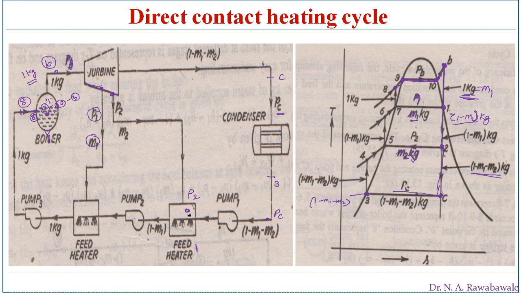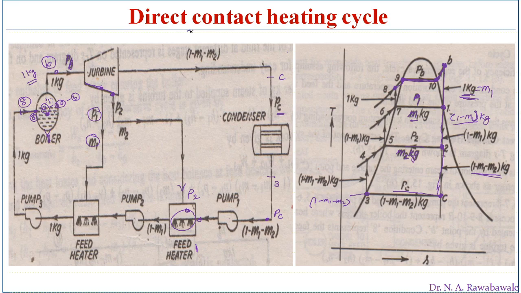So here the pressure is raised, and the steam which is bled out is taken and mixed in this heater 1. Here this steam and condensate are going to mix directly, therefore we call this a direct contact heating cycle.